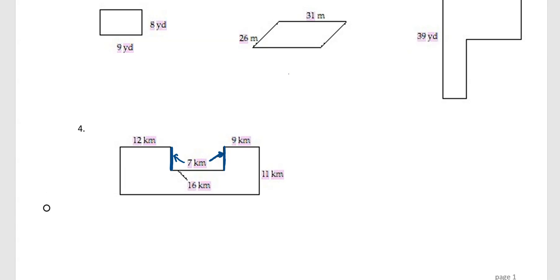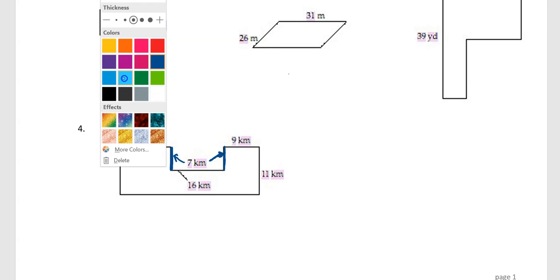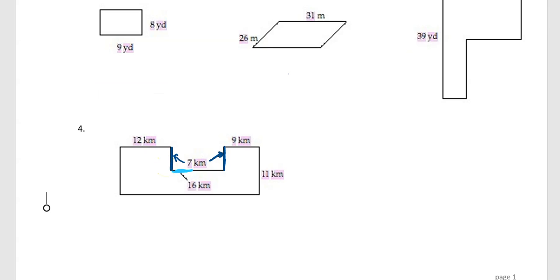So before I find the perimeter, I want to go through and make sure I know what numbers go with what side. So this side here goes with 16 kilometers. Now I need to find the distance around this object that I'm tracing. I need the sum of all those lengths, but I am missing a few that I'm going to have to fill in.